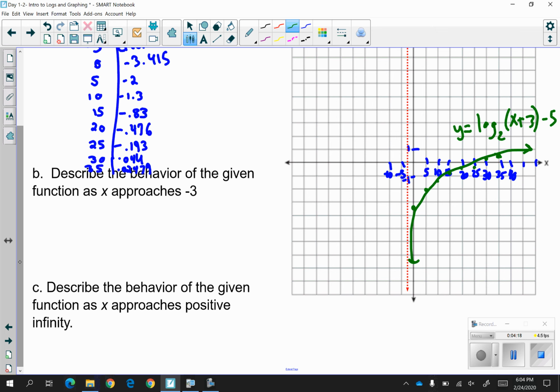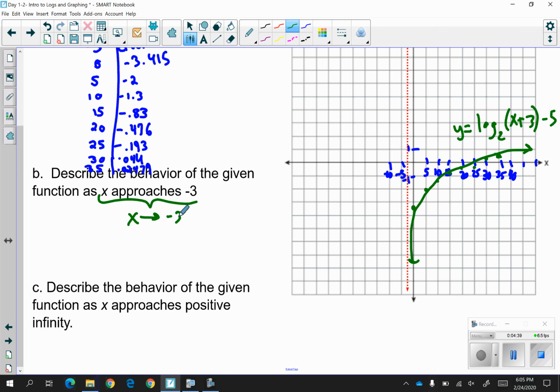Now, to describe the end behavior of the function as x approaches -3, this is kind of like how we normally write end behavior. Instead of actually using symbols, they just wrote it out. So they're basically asking, as x approaches -3, that's your asymptote. What's the graph doing?